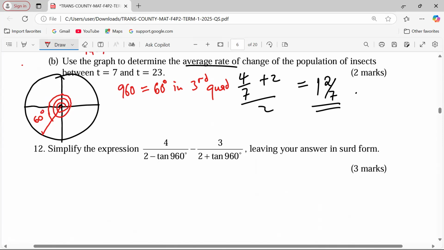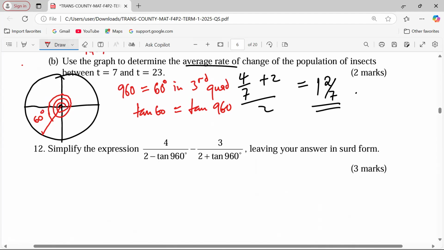The quadrant it lies in is very important. So tan 60 will be the same as tan 960, and the way angles in the third quadrant behave is the same way 960 shall behave.